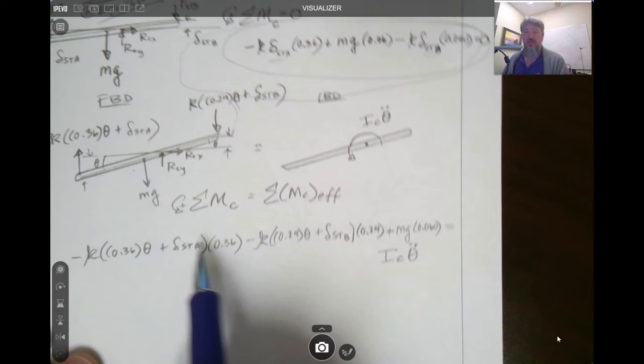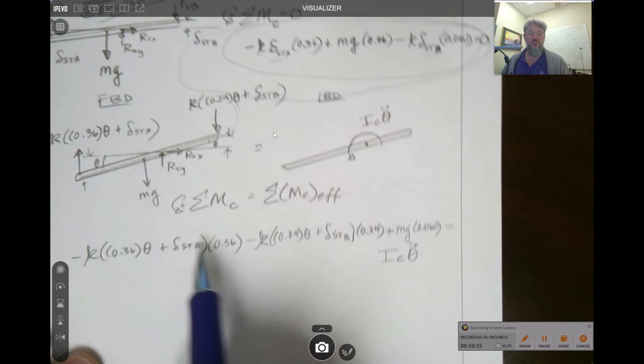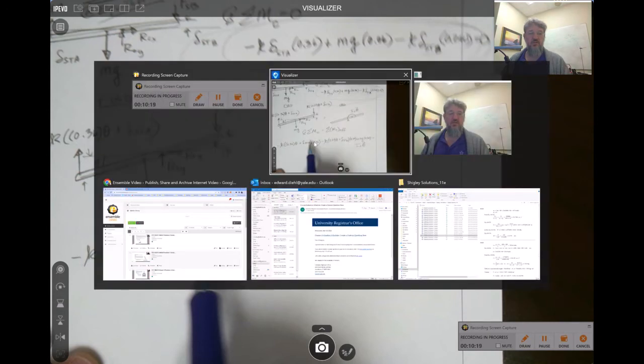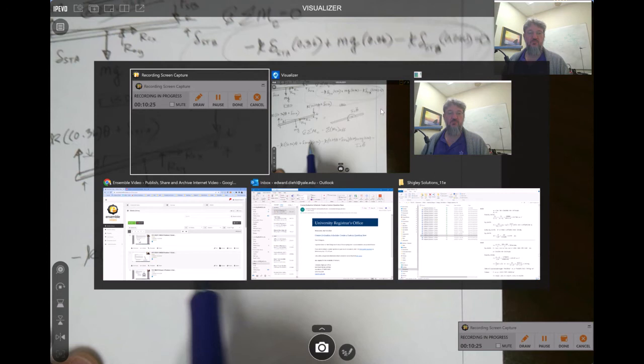Whoops, did I hang up? What happened here? I hate it when that does that. This thing's a piece of crap. I'm not going to use this visualizer anymore. It just hangs up. Oh, seriously? I don't need this in my life, man. How about just Alt-Tab?